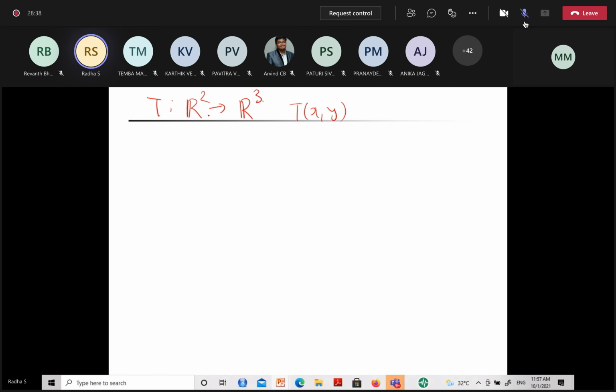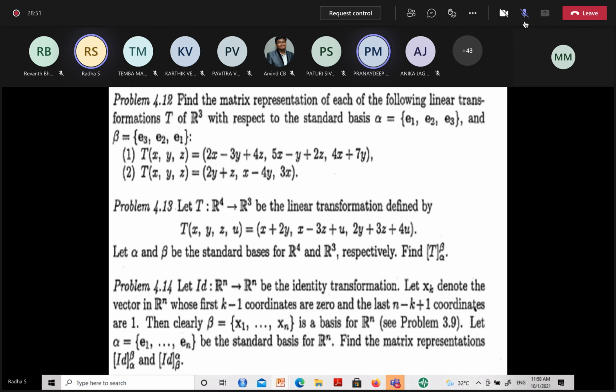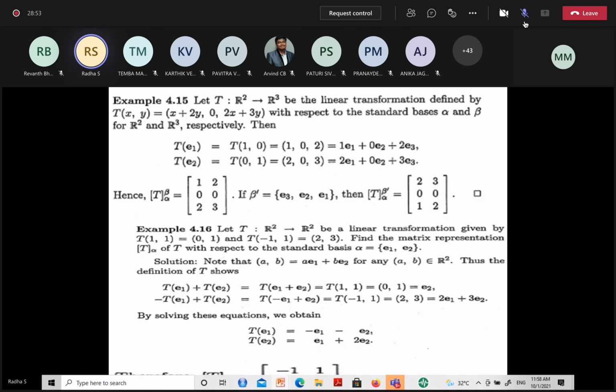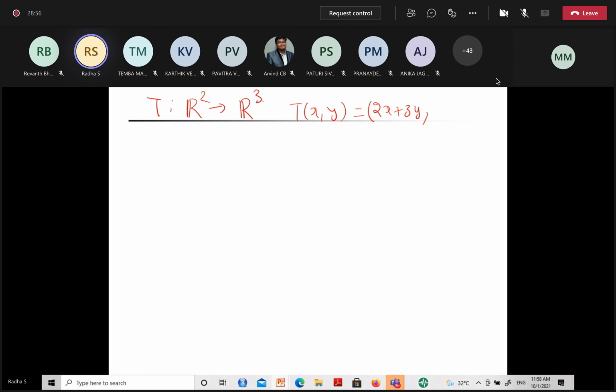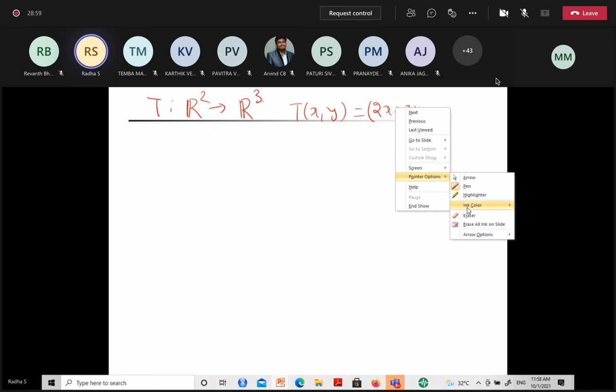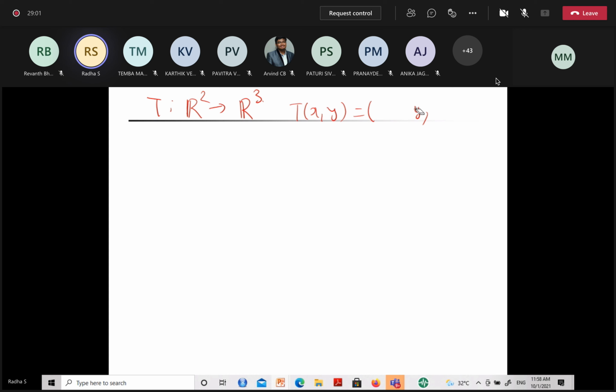Because any element of R square is a pair, x comma y. So that goes to x plus 2y, 0, 2x plus 3y. Is it okay? Yes, ma'am.